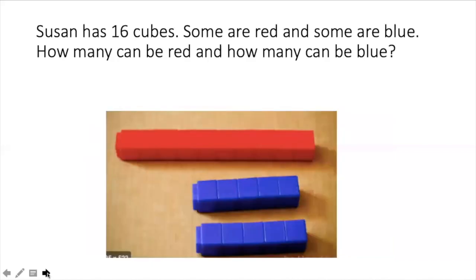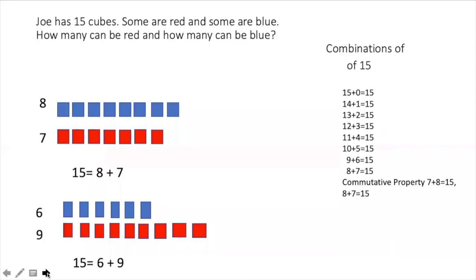All right, boys and girls, the last problem in your packet says, Susan has 16 cubes. Some are red and some are blue. How many can be red and how many can be blue? So here is a sample problem similar to the one in your packet. Joe has 15 cubes. Some are red and some are blue.